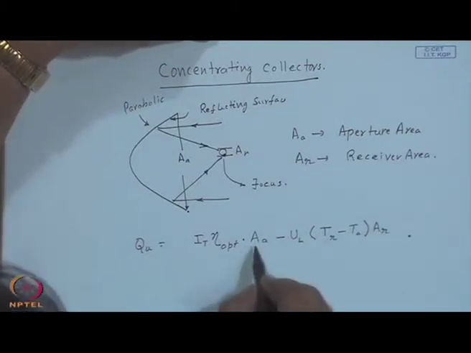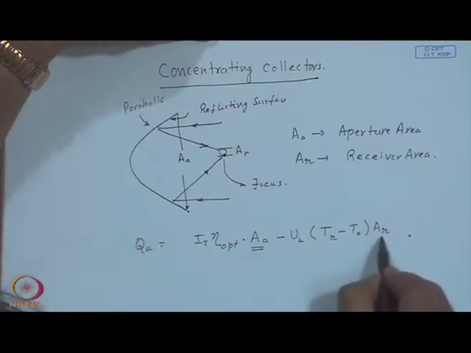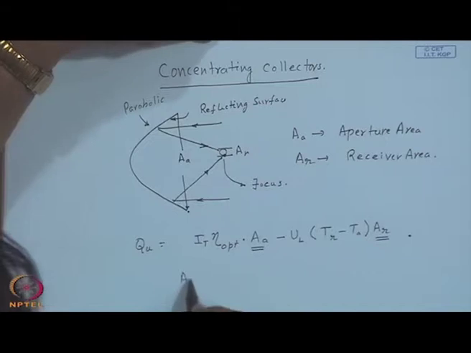So, now the collection is through AA and the losses are through AR, where AA is, let us say, much greater than AR.